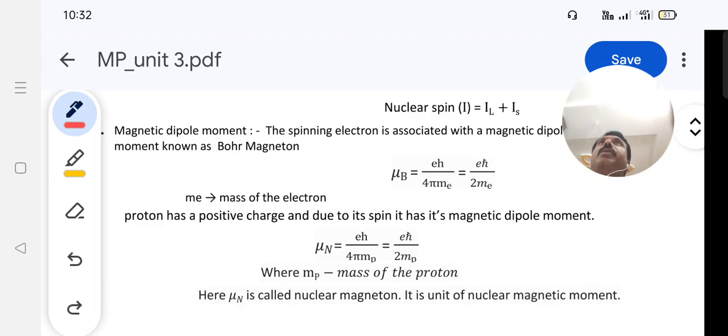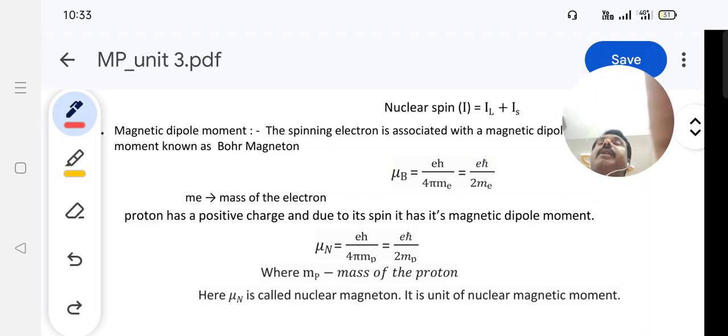Similarly, though the neutron is chargeless, it has subparticles which have charge. Though the total charge of the neutron is 0, the sub-neutron particles have charge and revolve around a common point, because of which even the neutron has some dipole moment.